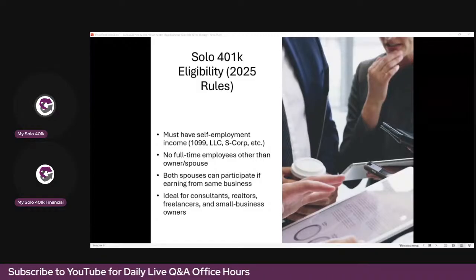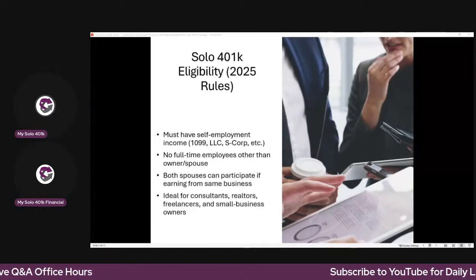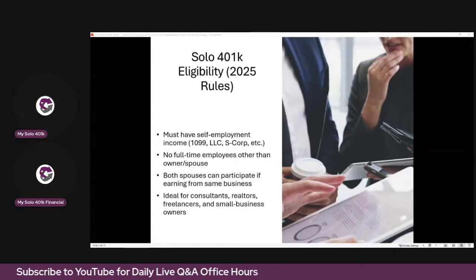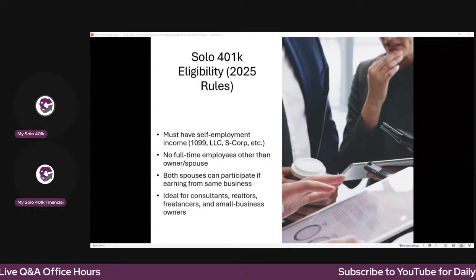Now, let's say that you have a business that's taxed as an S corporation. It could be an LLC taxed as an S corporation, or a corporation taxed as an S corporation, or maybe a C corporation, an LLC taxed as a C corp, or a corporation taxed as a C corp.